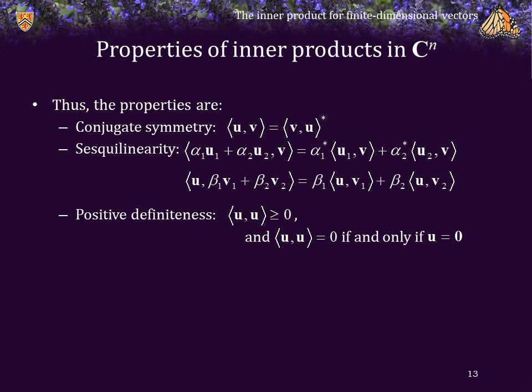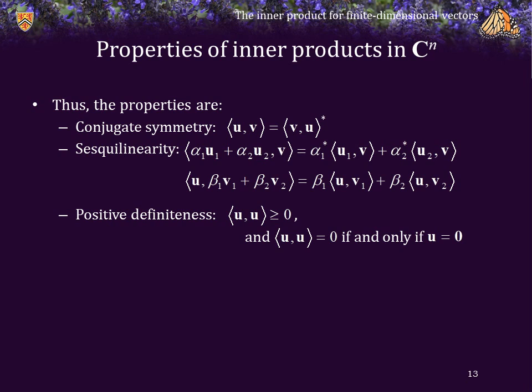So the properties of the inner product for a complex vector space are slightly different. Because we are taking the conjugate of the first entry, we now have something called conjugate symmetry. The inner product of u and v is now equal to the conjugate of the inner product of v and u.